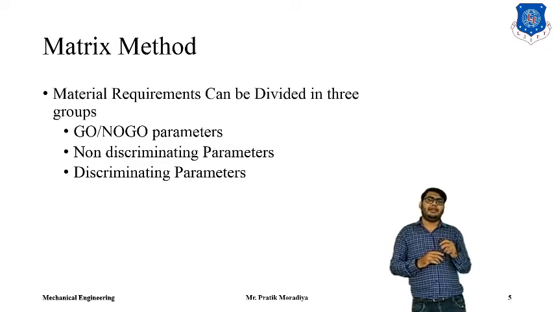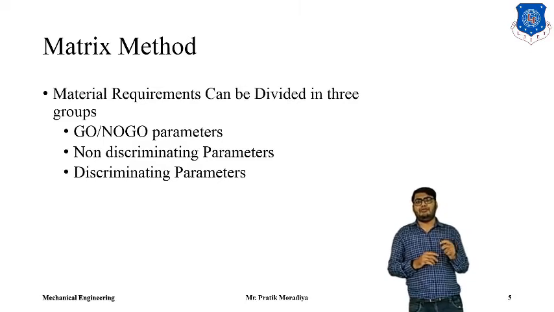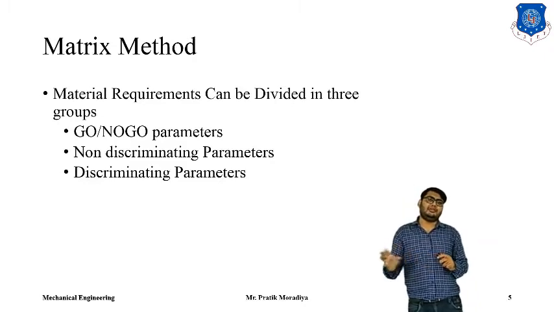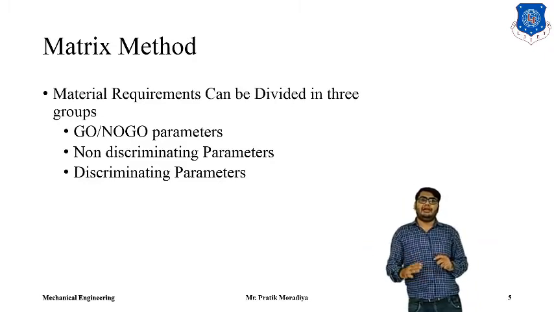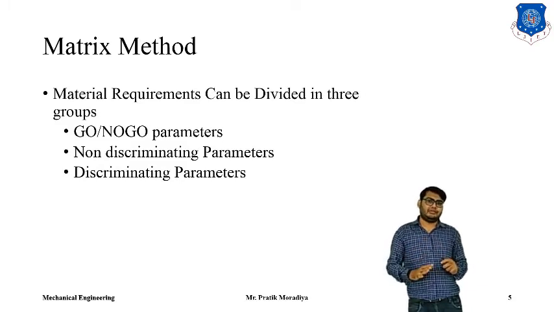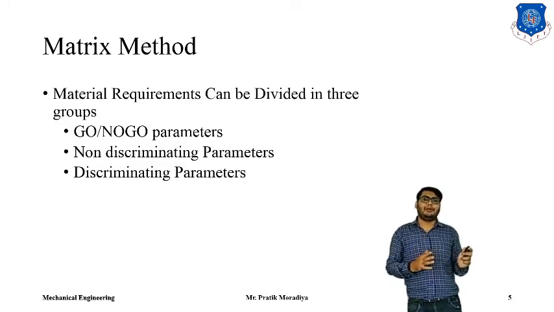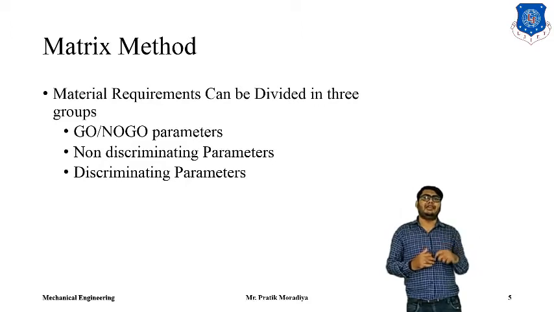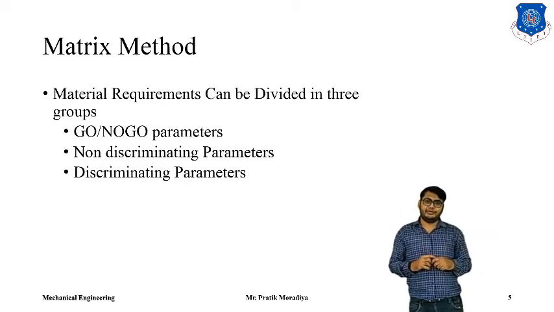Now I do not care if it is very highly conductive or a moderate conductor of electricity. I simply want something that is conductive and it will fulfill my task. So those are go/no-go parameters: it should have this quality, and we do not worry about to what extent we can achieve that quality.